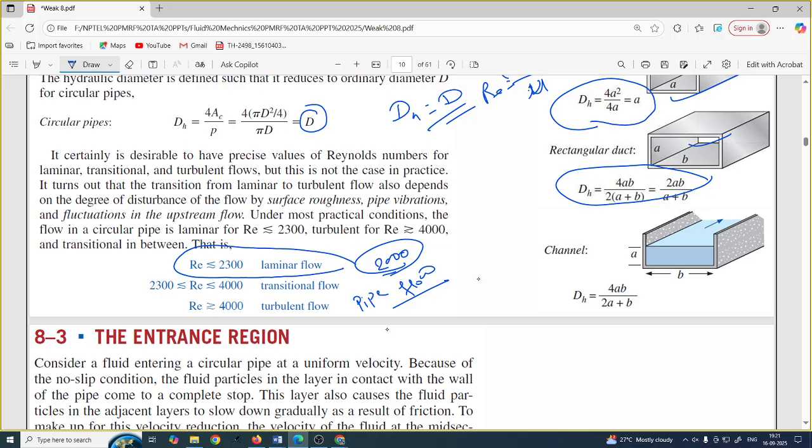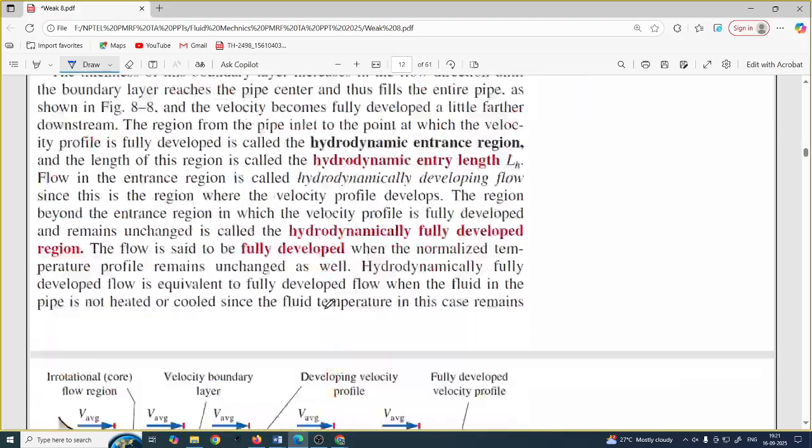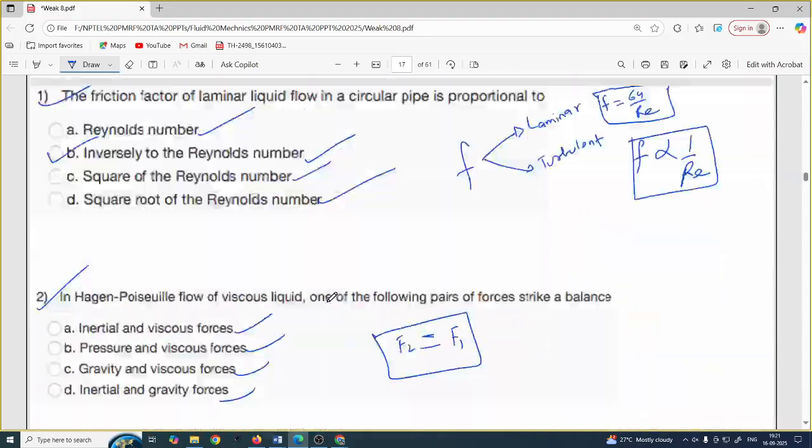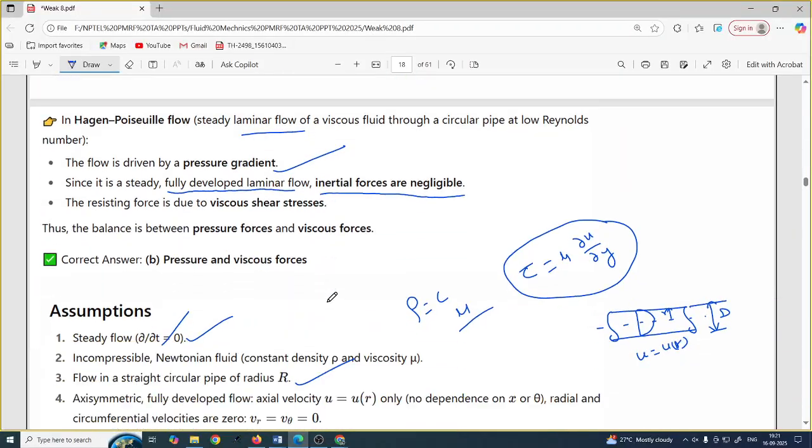But in the question it is given less than 2000 or greater than 2000. What is in the question? Less than or greater than? Question number 3.